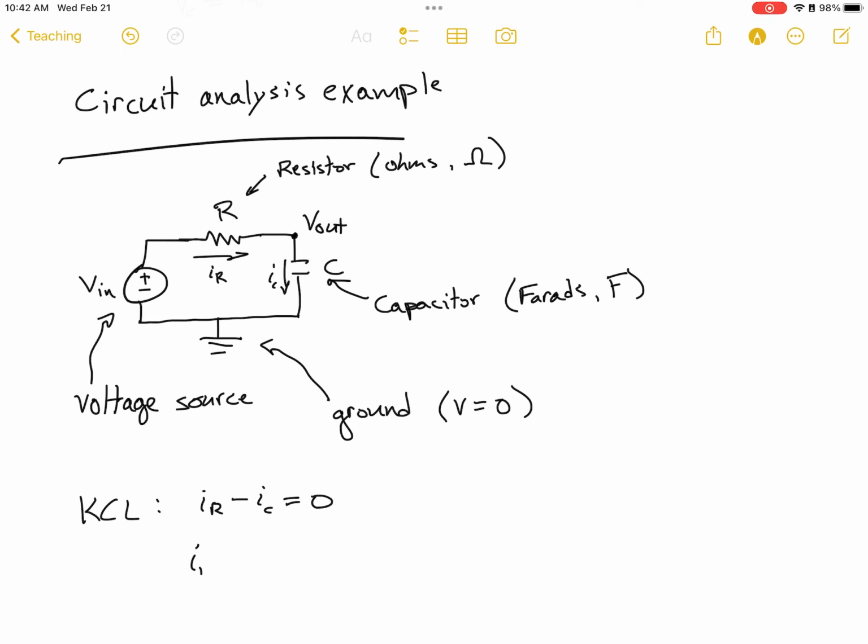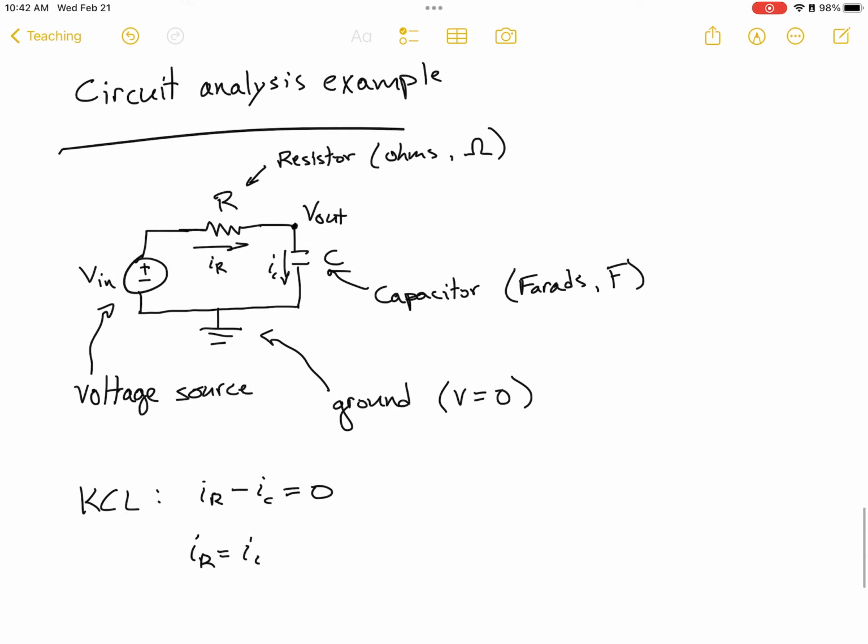That means that IR is equal to IC. And so now we'll use some of the relationships that we discussed in previous videos to make some sense and to make use of this equation.